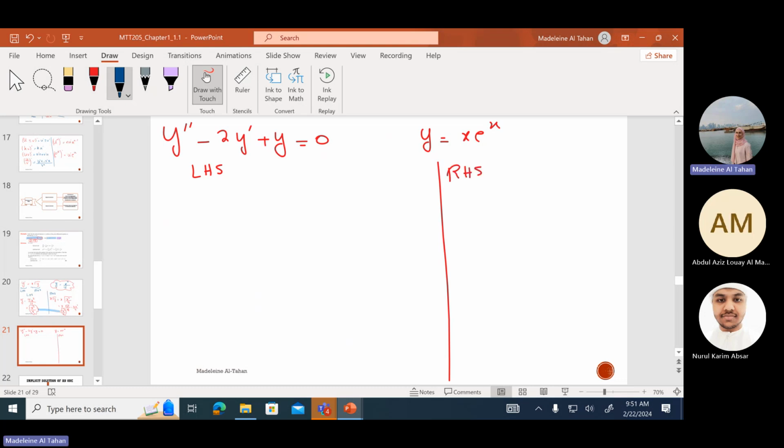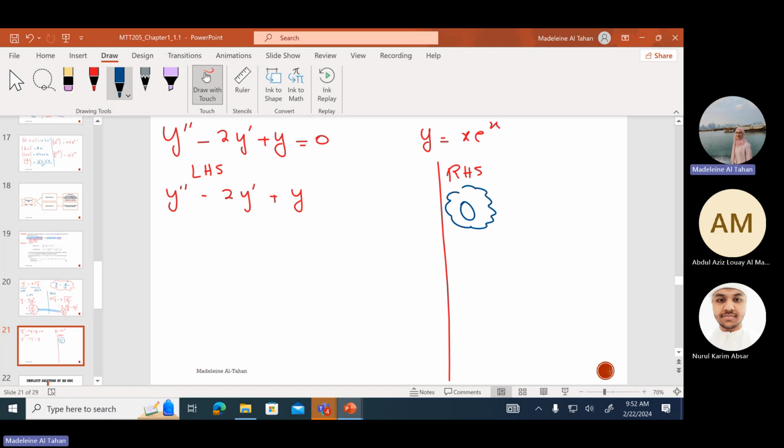What's the right-hand side here? 0. The left-hand side is y double prime minus 2y prime plus y.